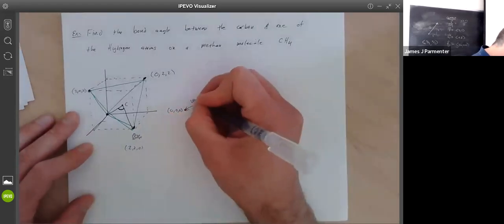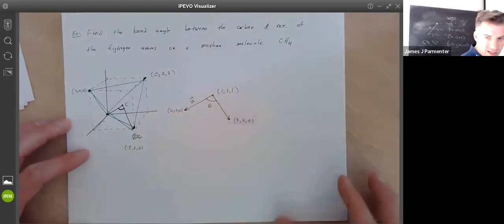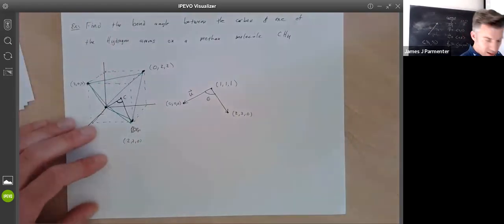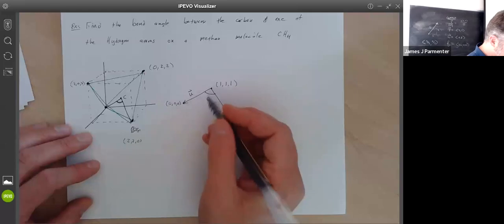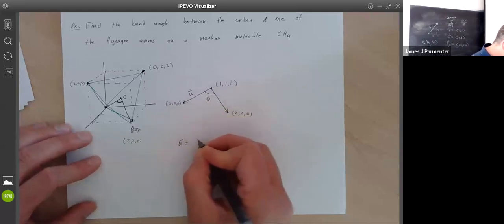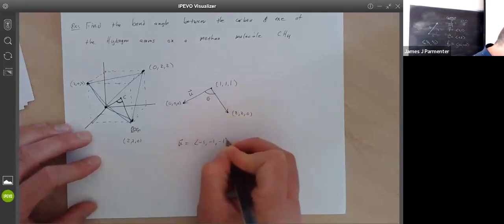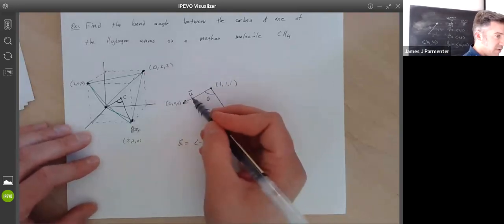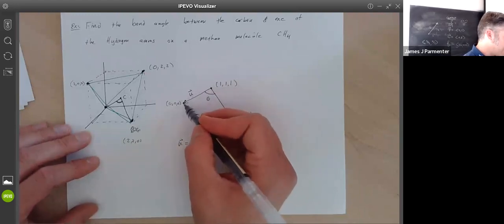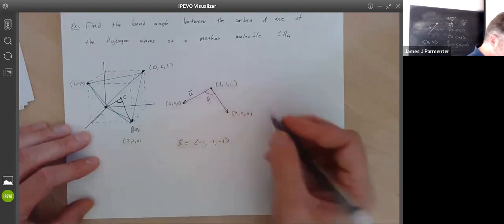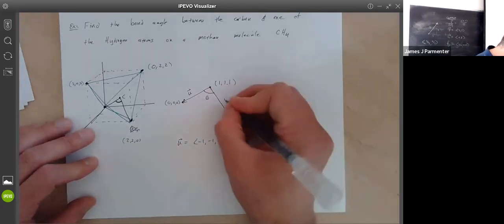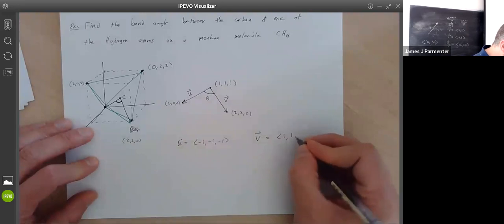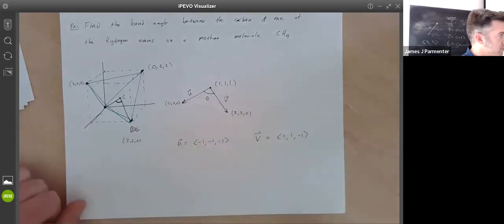So my vector u, real quickly here, is the vector -1, -1, -1, because I'm starting here and I'm going there. To find a vector, if you're given 2 points, you take your terminating point and subtract your initial point. My vector v is the vector 2, 1, 1.